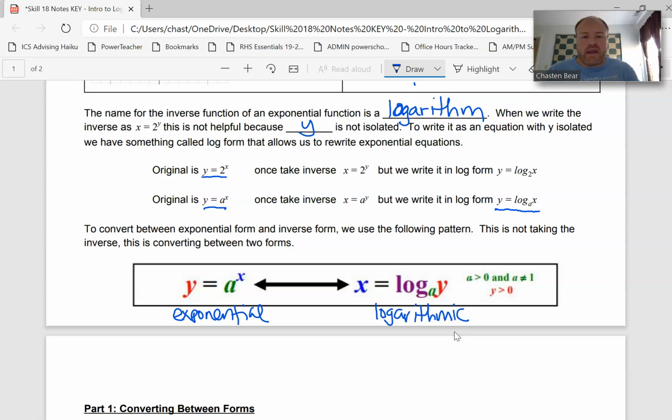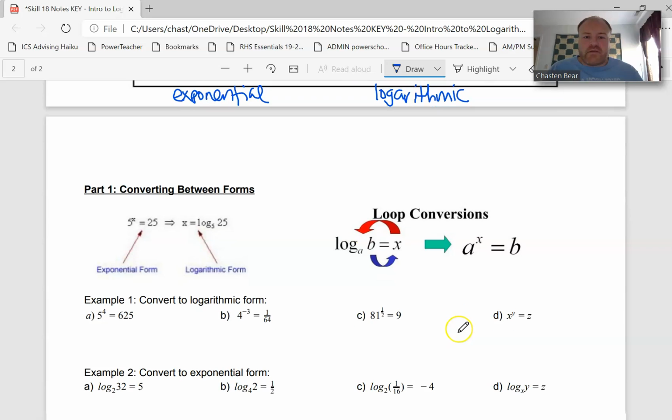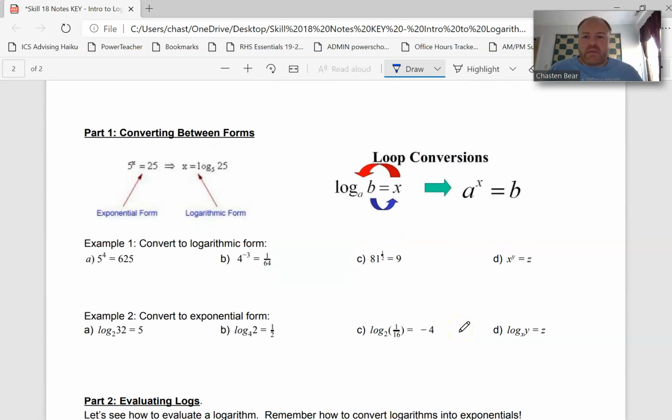Notice it says that a has to be greater than 0, so we want our base number to be positive. A cannot be 1. We also notice that the y, so the input here, is going to be greater than 0. We don't want negative logs, remember that.